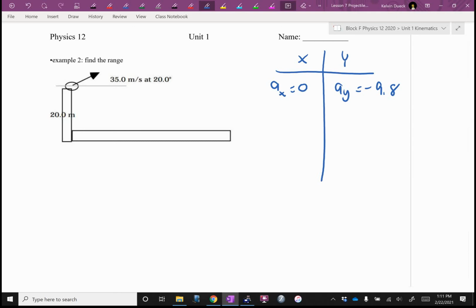Nicole, which trig function is Vx going to be? Which trig function is Vy going to be? So which trig function is Vx going to be? Of course it is. I'm doing the horizontal one first because I'm going alphabetically for some reason. So you're telling me that Vx is going to be 35 cos 20?